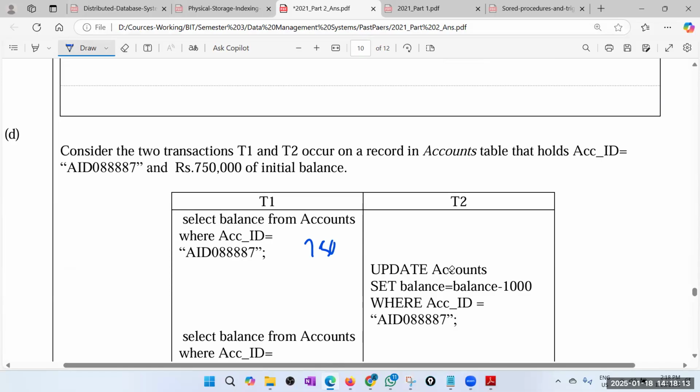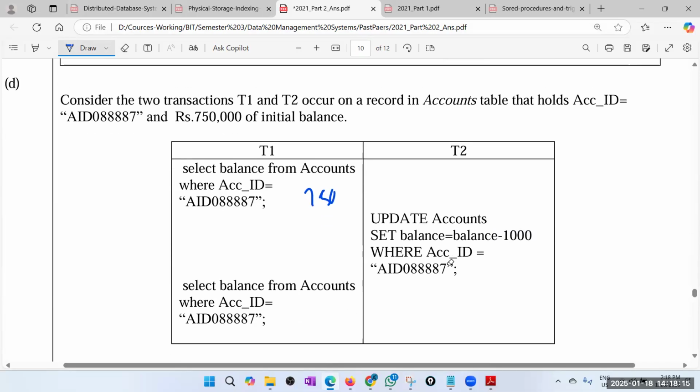Now you do an update, you subtract 1,000. The new value is 749,000. The second time when we read, you get 749,000.